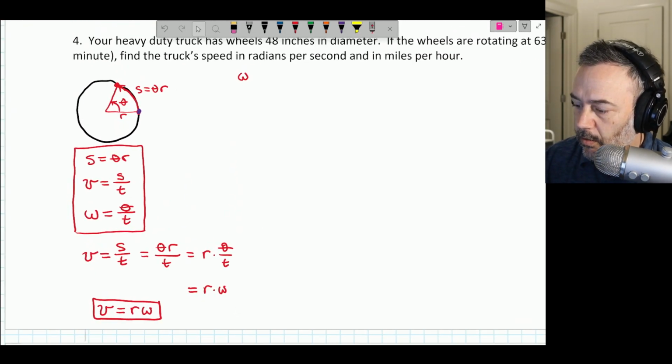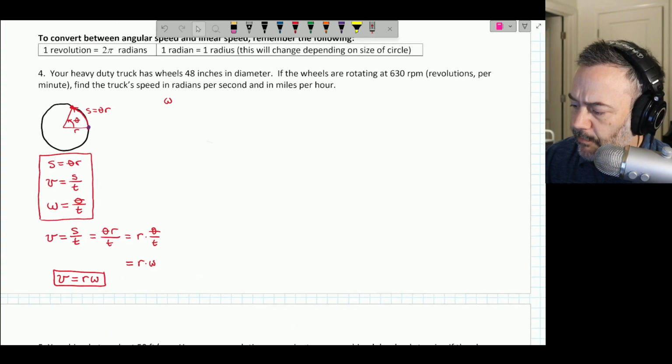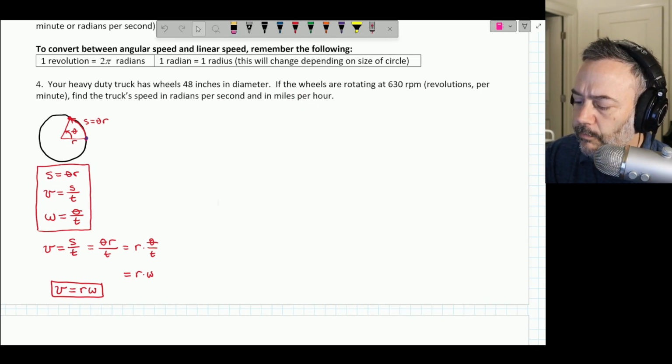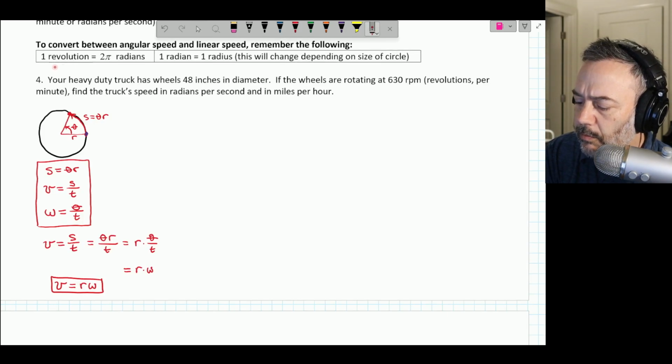Okay, so in this problem it says your heavy-duty truck has wheels 48 inches in diameter. If the wheels are rotating at 630 revolutions per minute, find the truck's speed in radians per second and in miles per hour. Okay, so some conversions. 1 revolution is 2 pi radians.